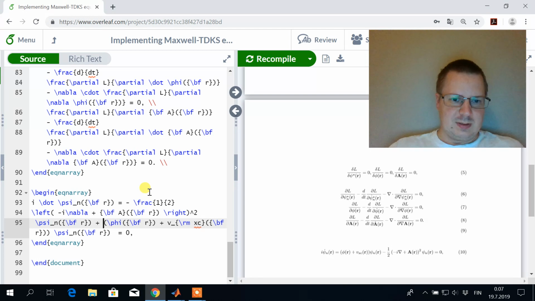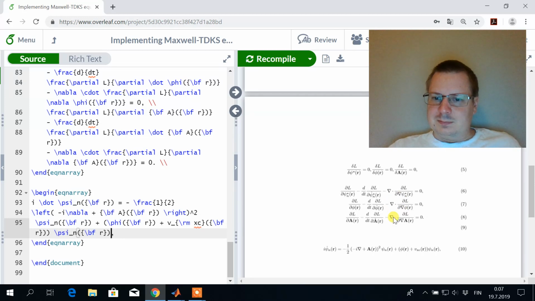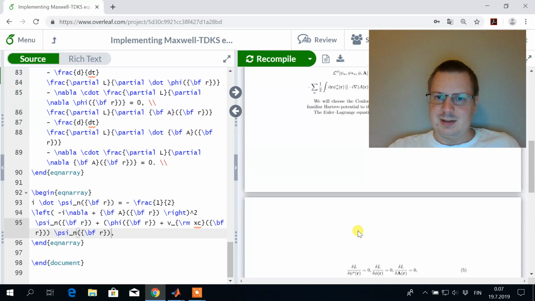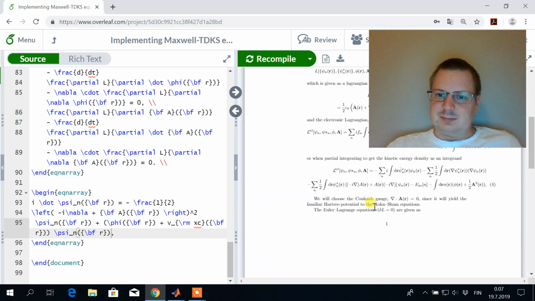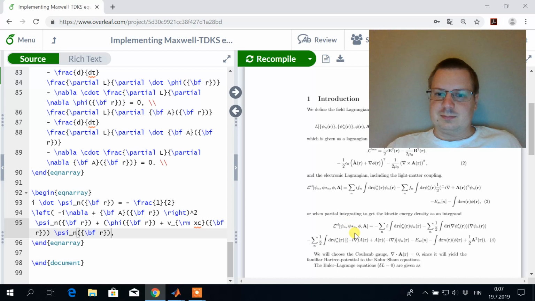So now this actually looks like a Kohn-Sham equation, except that I haven't actually derived this coupling. So for example, we take the derivative of psi star, and then whatever is in the right will remain.